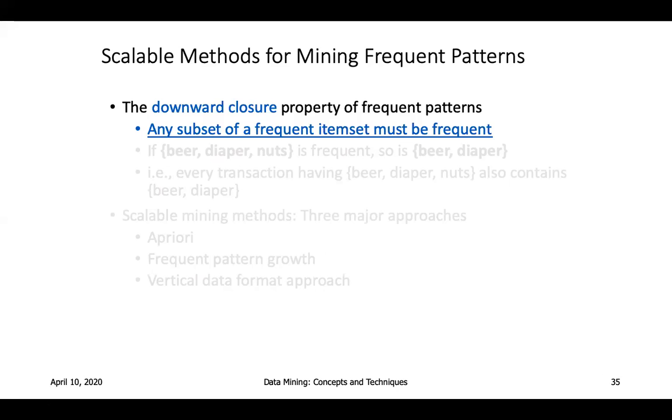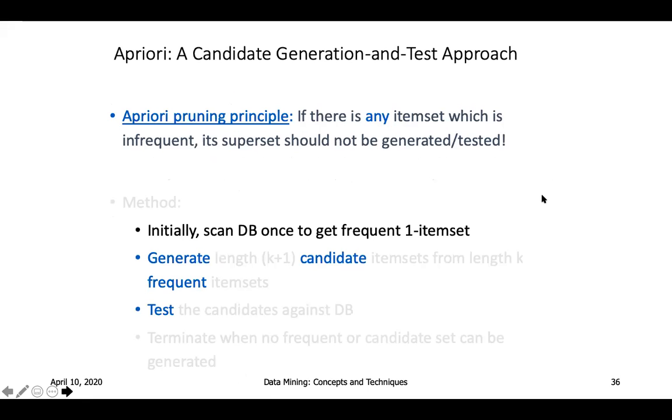The scalable mining methods have three major approaches: the a priori, the frequent pattern growth, and the vertical data format. So let's see the first one, the a priori algorithm. Now already you have been introduced to that particular method.